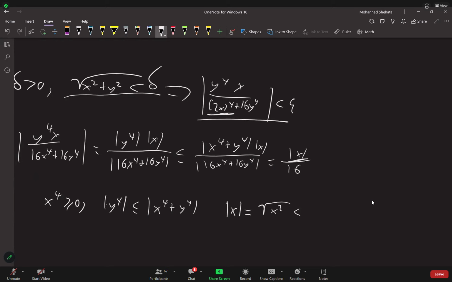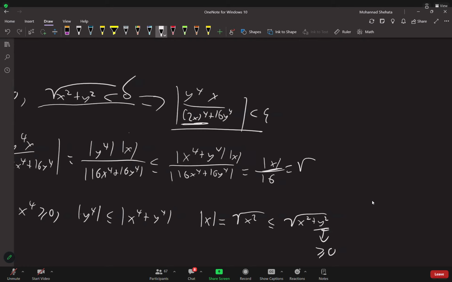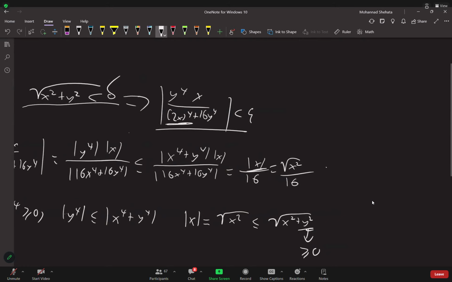And we realized that the square root of x squared is less than or equal to the square root of x squared plus y squared, again since this is greater than or equal to 0, and the square root is a strictly increasing function. So this is equal to the square root of x squared over 16, which is less than or equal to the square root of x squared plus y squared over 16.